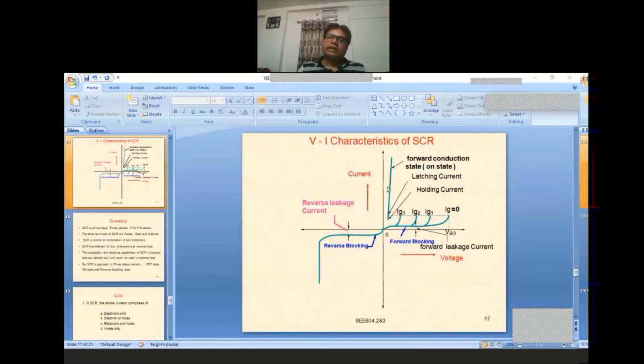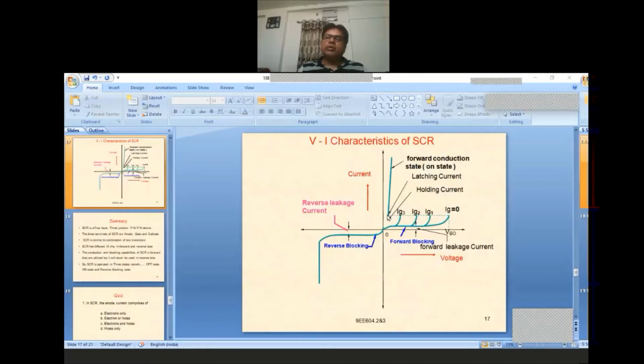But after entering into the conduction mode or on state, due to the variations of load and even in the supply voltage, current may decrease, fall even below the latching current after some time, but still the SCR will be conducting in the on state. It will still keep its rate of rise of current, but it will not come to the forward blocking state.